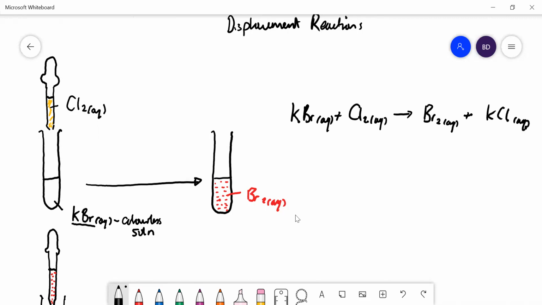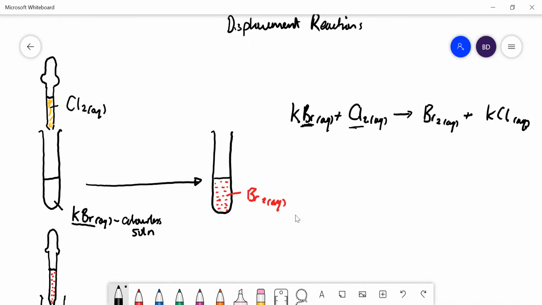So you can see here that the less reactive halogen, bromine, has been pushed out of its compound by the more reactive one, chlorine, just like in a metal displacement reaction.